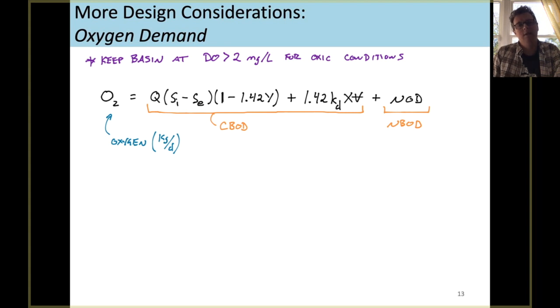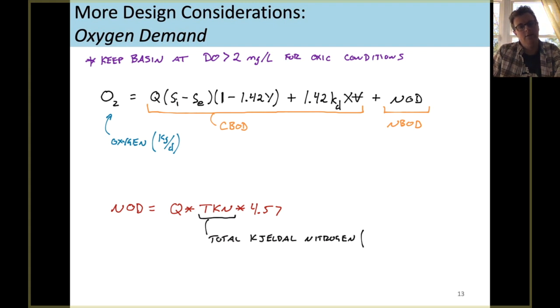And the next term is asking about sludge produced that had basically died and settled out within the basin. And then that last term is the NBOD, and we can estimate that as discharge multiplied by TKN multiplied by 4.57. TKN is total Kjeldahl nitrogen, and in this case that's a form of nitrogen concentration.